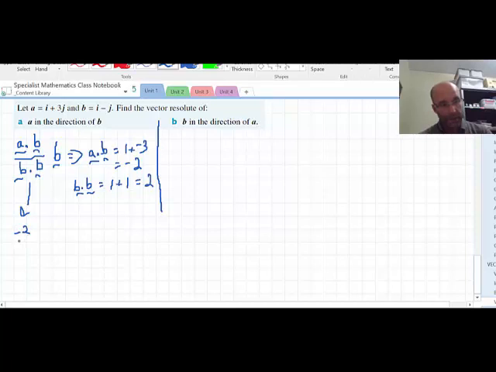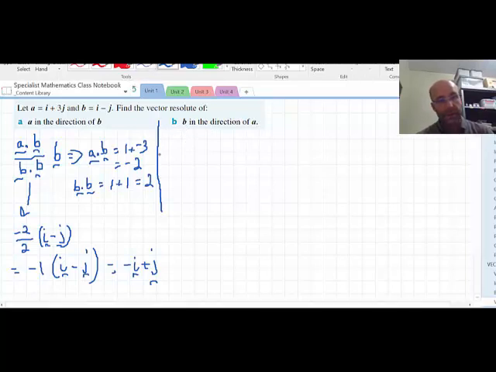Plugging it in, we've got negative 2 over 2 times vector B, which was i minus j, and that's negative 1 outside of i minus j, which could be written as negative i plus j, or even j minus i.